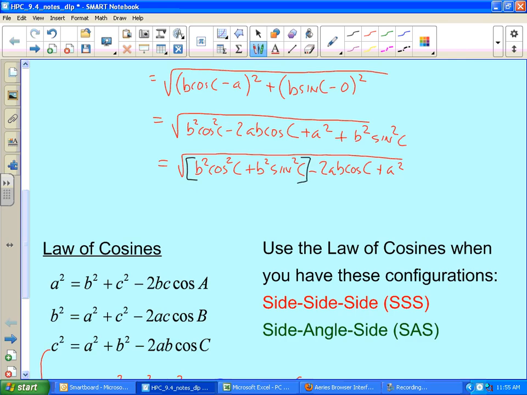Take a look at that pairing right there, b squared cosine squared C plus b squared sine squared C. Trying to get a Pythagorean identity to fall out of that, what would I have to do?